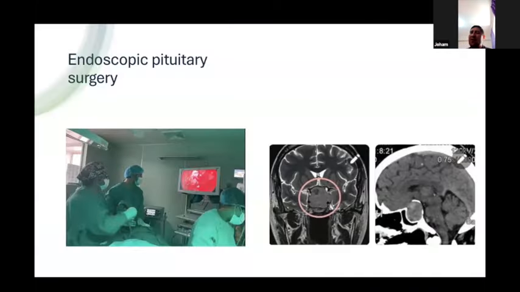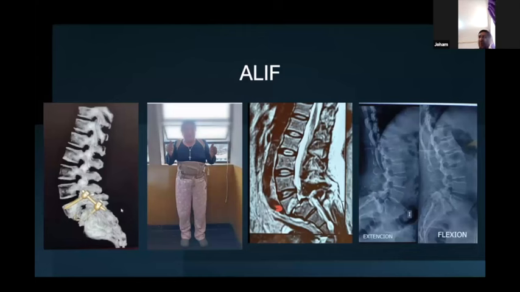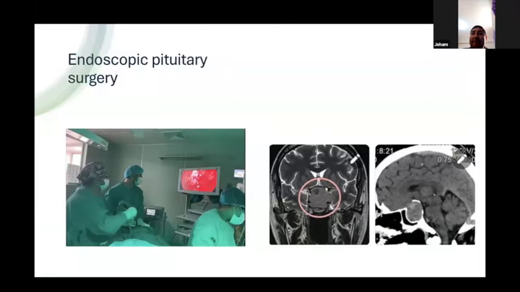Of course, we had traumatic spine cases, which are approached as usual, but I am showing you these special cases. We could also perform endoscopic pituitary surgeries.